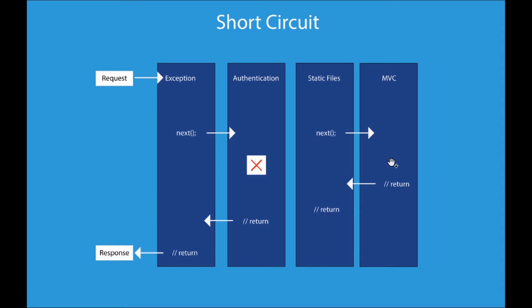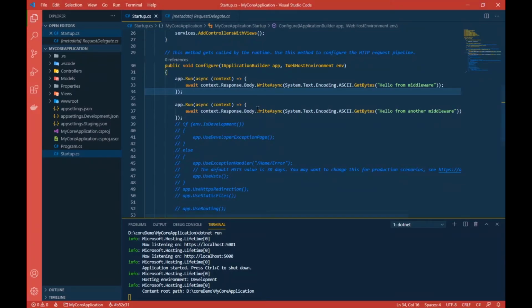So this is a terminal middleware, and a terminal middleware is always the endpoint of the application pipeline. Let's open the code again and see that we have two terminal middlewares. From our previous explanation, the code returns from here itself and never reaches here. So how can we write a middleware which calls another middleware?